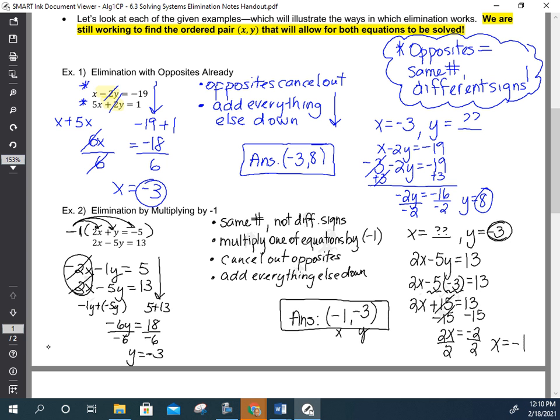So I've got examples 1 and 2 on the screen for those people who need to finish getting everything copied. Give you a minute to do that, before we do examples 3 and 4.